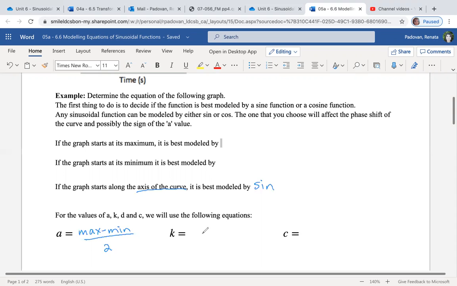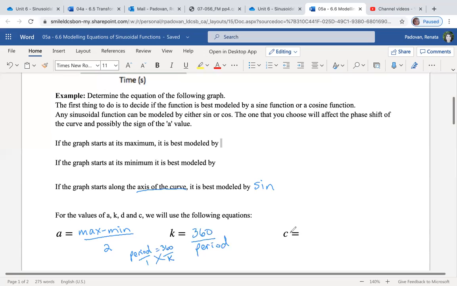If you remember before, my period would have been 360 divided by k. If I rearrange, have over 1 and cross multiply, k times the period equals 360, then divide by the period on both sides to get k by itself, I would have k equaling 360 divided by the period.